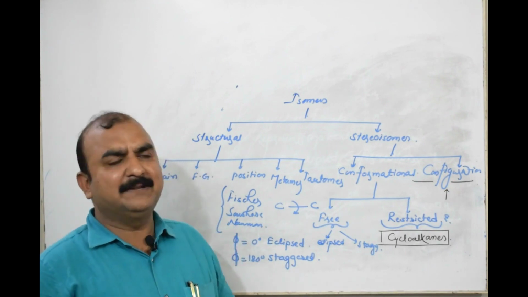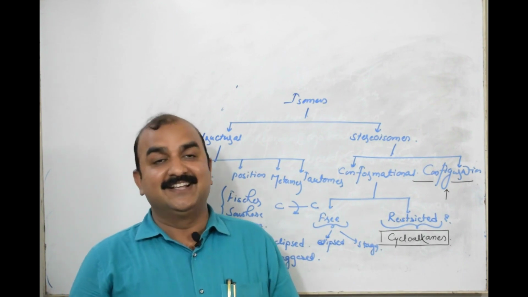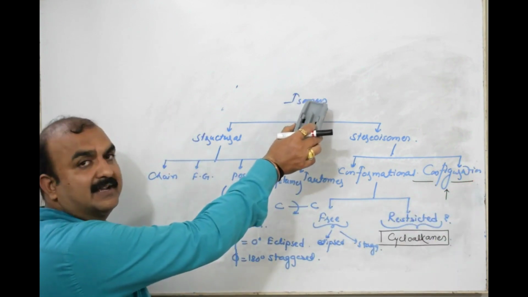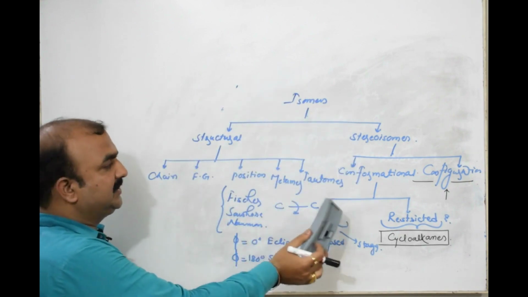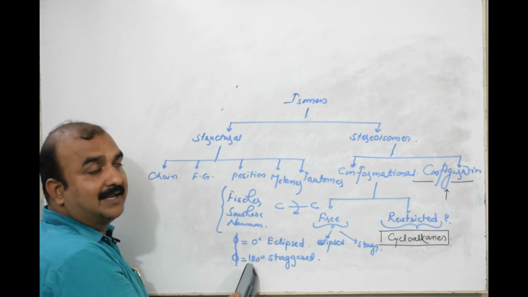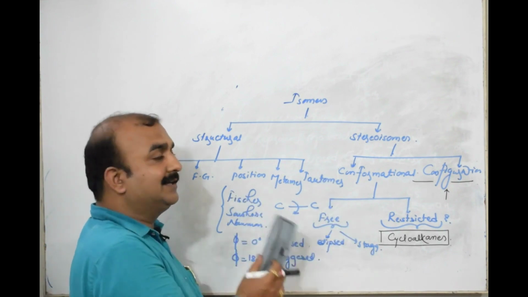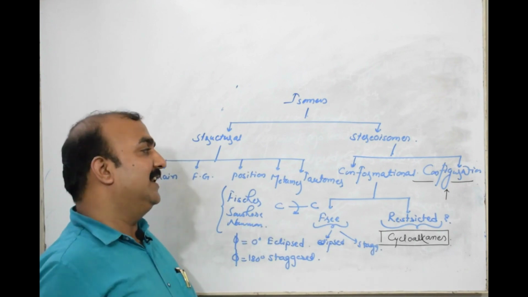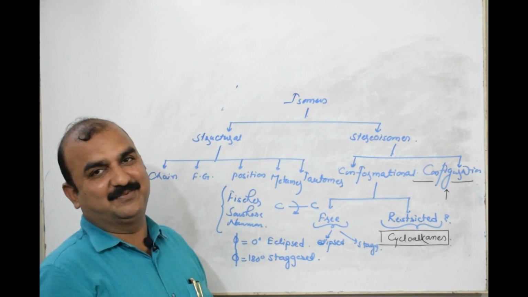Very interesting concept, the structure is the same but what thing is changing. There should not be any confusion. Isomer, structural, stereo. Structural is divided into these types. In that we have done projection formulas, then staggered and eclipsed conformation, free rotation. In the free we have eclipsed and staggered, and when we have restricted it should be cycloalkanes. And now we are going to start with the configurational isomer.